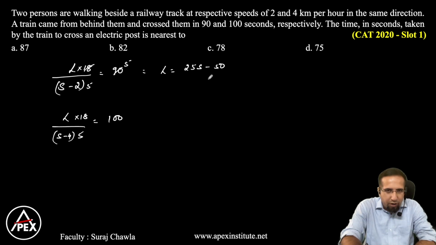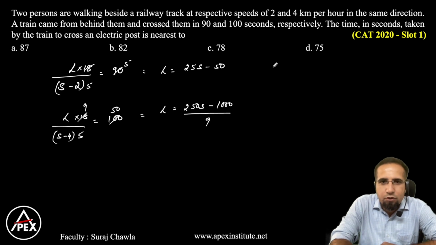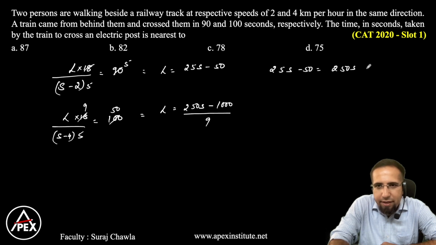Clear? So length is 25s minus 50. Let's simplify this. This is 2 9s and 2 50s. So this eventually gives us what here? Now this gives us length is equal to 5 into 50 is 250. That becomes 250s minus 250 into 4, that is 1000, divided by 9. So we can equate both of them. So once I equate both of them, I get 25s minus 50 is equal to 250s minus 1000 divided by 9.